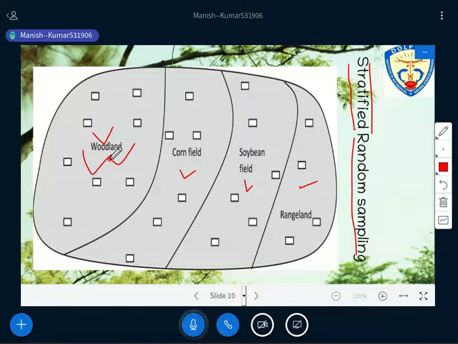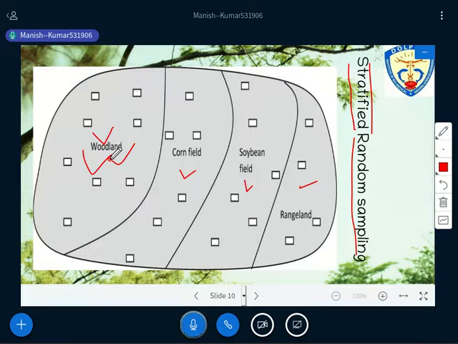Or, for example, you are doing this practice in a forest area, so what kind of stratification will you make, right? Can any student answer this? If for example you are given one complete area of forest, now you have to make a stratification.